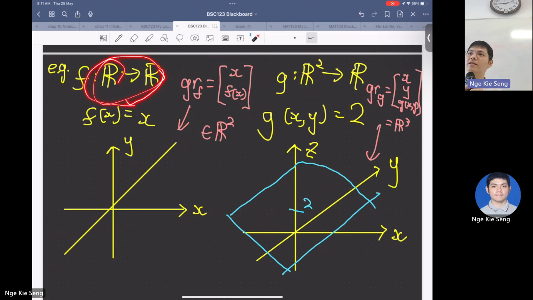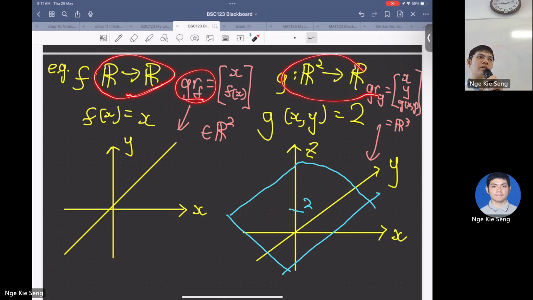How many R are here? 2 R. How many R are here? 3 R. So this is called the graph of f. Sketching the graph means the graph lives in the total space of these 2.